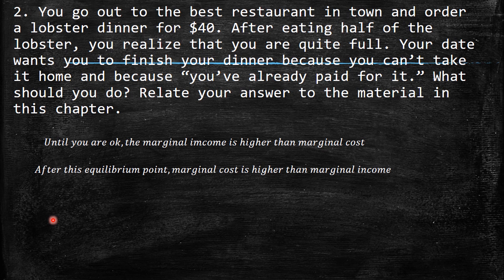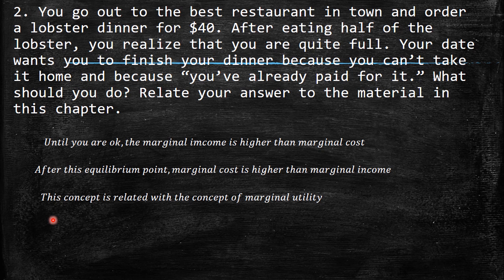After some point, let's take this one as the equilibrium point, the marginal cost is higher than the marginal income. So it means the cost of eating one more little piece of lobster hurts you. So at this time, it's not really nice to eat more.